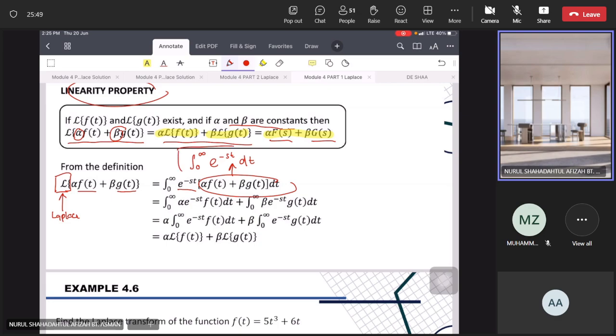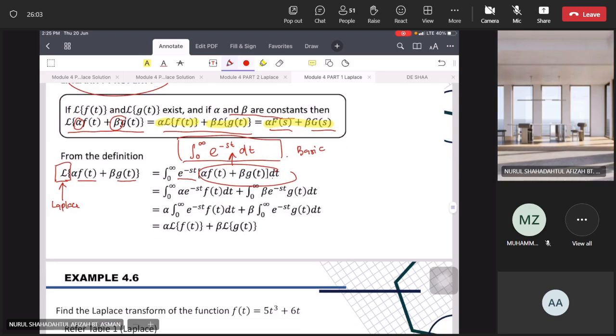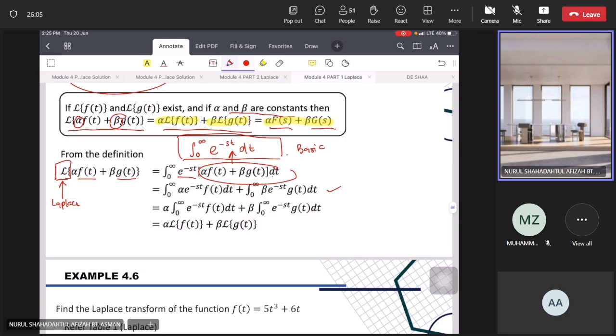Yeah, this is what we learned last week, the basic one. So you just add the functions into the integration. And then you just get alpha times e to the negative st, and then the integration of f, and beta times the integration of g.